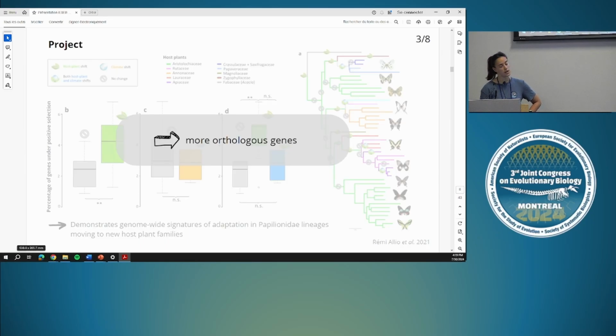In that study, I lacked confidence in the gene sample, particularly at the orthology level. So my work began with the creation of a richer and more reliable database of orthologous genes.